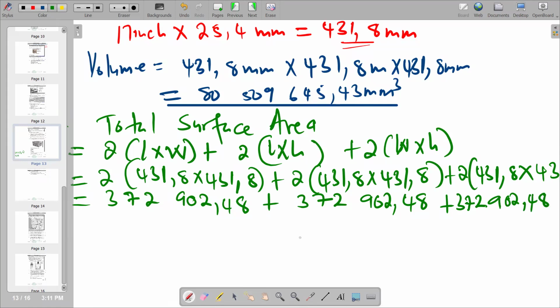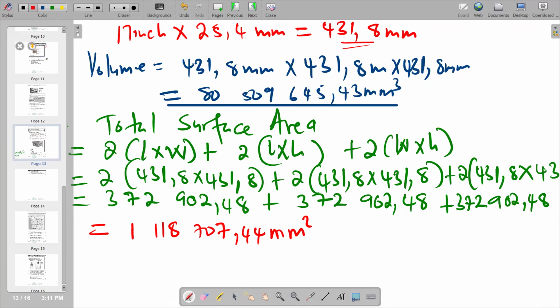So we just add the three, and our total is going to be 1,118,707.44 millimeter squared. So that becomes your surface area.